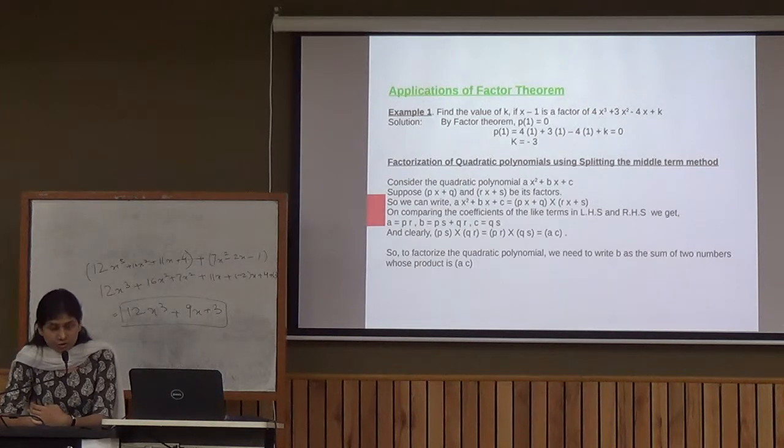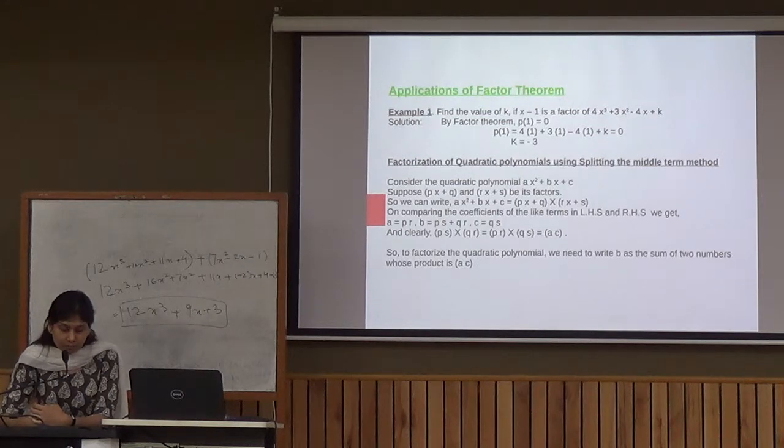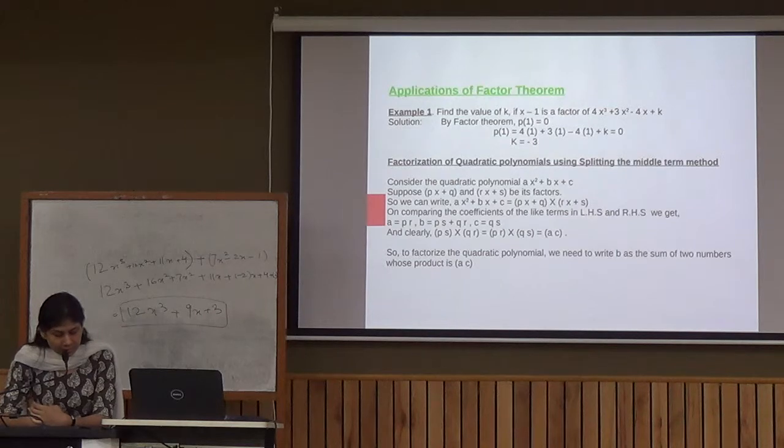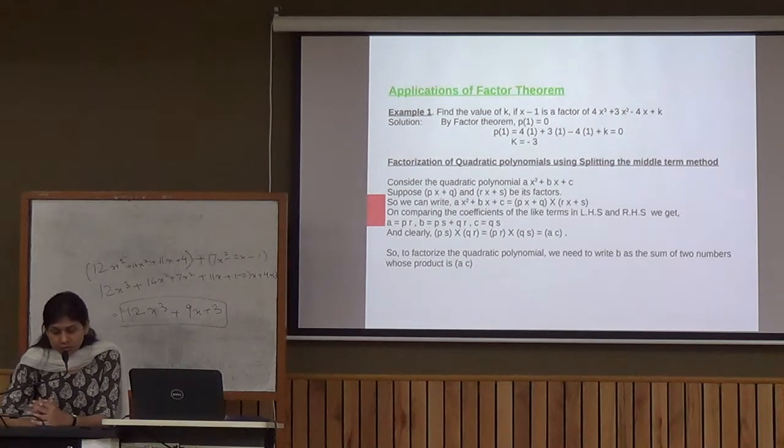On comparing the coefficients of the like terms, we get a is equal to pr, b is equal to ps plus qr, and c is equal to qs. Now, clearly ps into qr is equal to ac. So, in summary, factorization of quadratic polynomials using the splitting the middle term method is all about finding two numbers whose sum is equal to b and whose product is equal to ac.